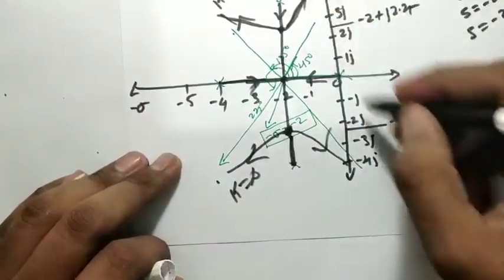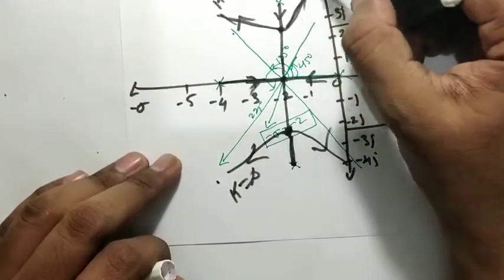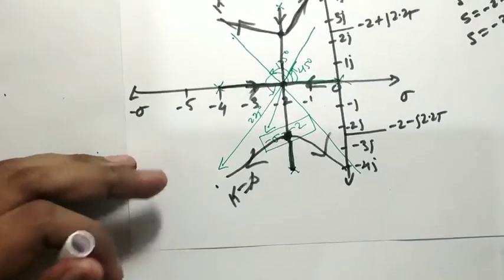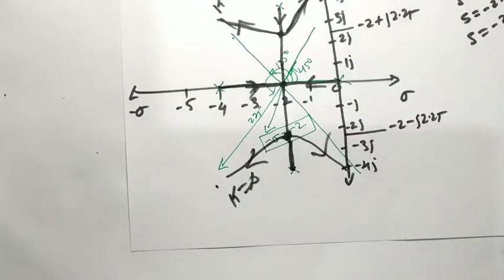So you have to find the crossing point on the j omega axis. To find the crossing point on the imaginary axis, you know the characteristic equation. So what is your characteristic equation?